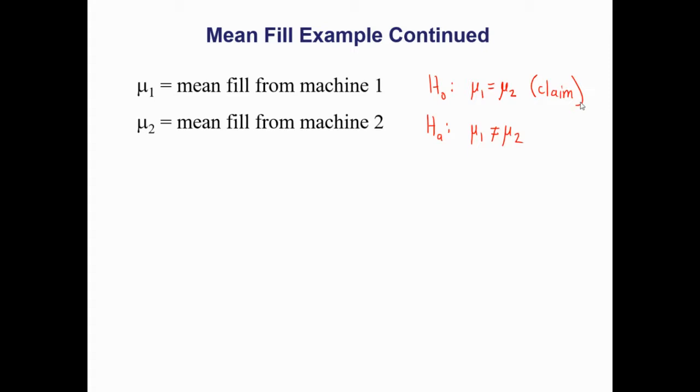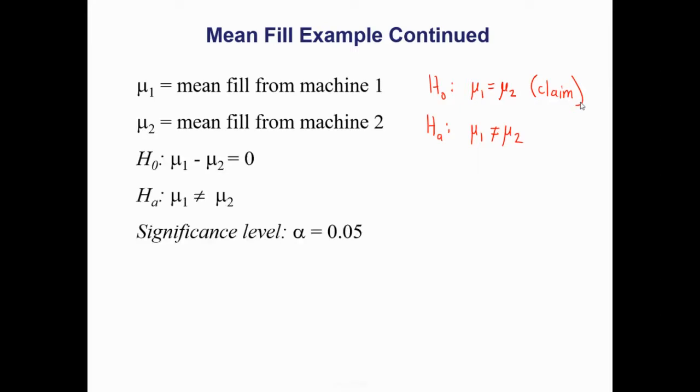Another way to write these, though, that way we have a hypothesized value, would be in that manner. mu1 minus mu2 is 0. And then, I don't know why they wrote it like this. I mean, that's the same thing we wrote. You should say mu1 minus mu2 is not equal to 0.